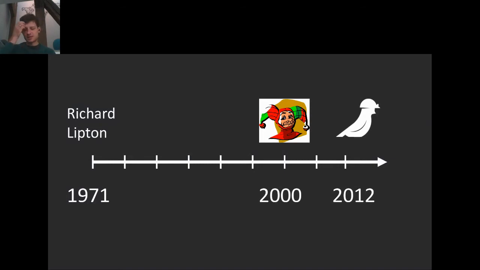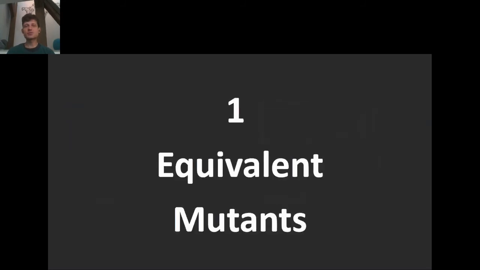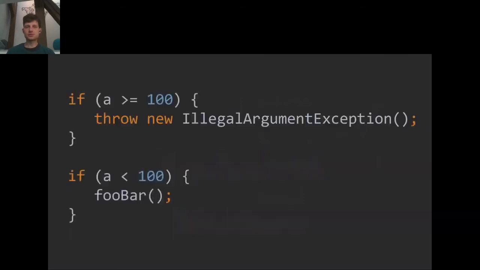There are two problems with mutation testing and how to implement it efficiently. One is so-called equivalent mutants. Let's look at this code. This could be production code. But now think for a moment.